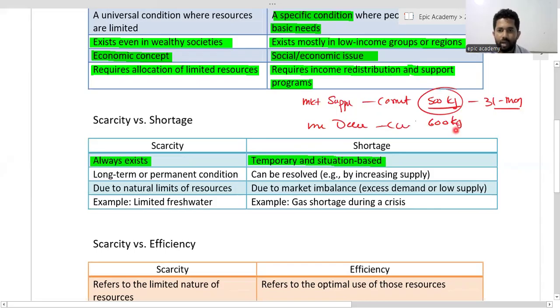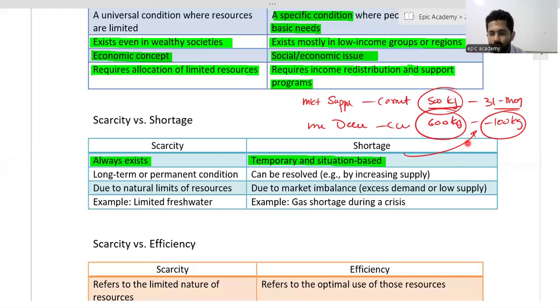They try to purchase 600 kilograms, but unfortunately they have got only 500 kilograms. Then minus 100 kilograms will be there. That means this is the shortage. We know that the next day, new carrot will arrive in the market, then the shortage will disappear. That is why I would say it is a temporary situation, not a permanent situation.